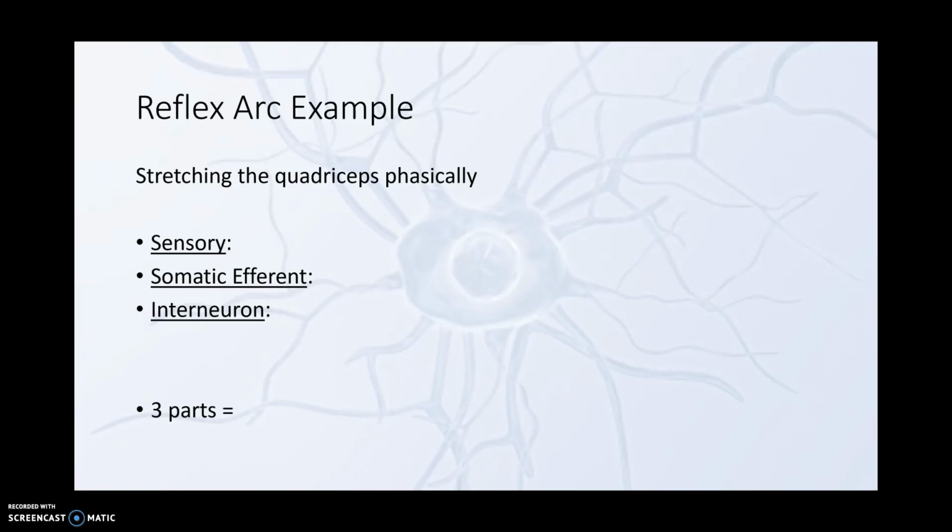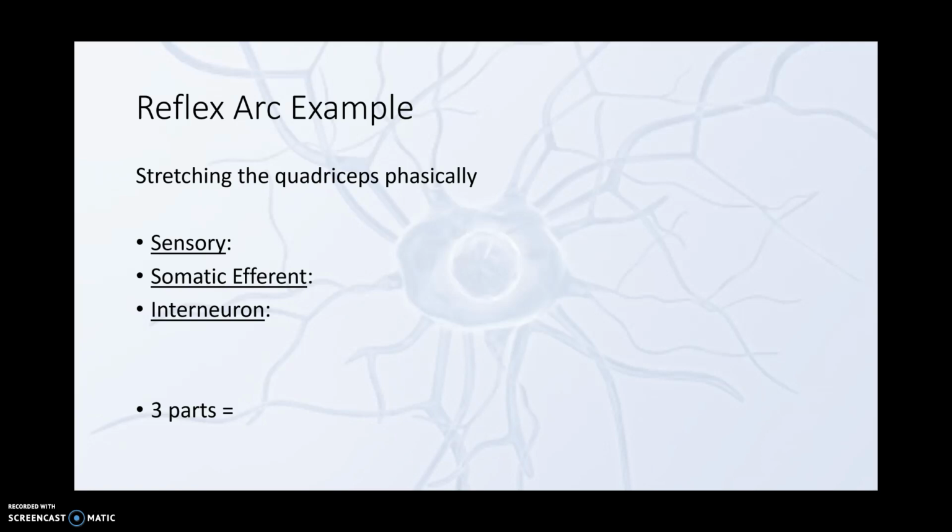But at the same level, since we're stretching the quads phasically and we need to contract them quickly in order to protect ourselves, something also has to happen at the level of the hamstrings. That signal will also activate an interneuron, and that interneuron is going to impact a motor neuron going to the opposite set of muscles, the hamstrings. This is what's going to cause those muscles to relax.